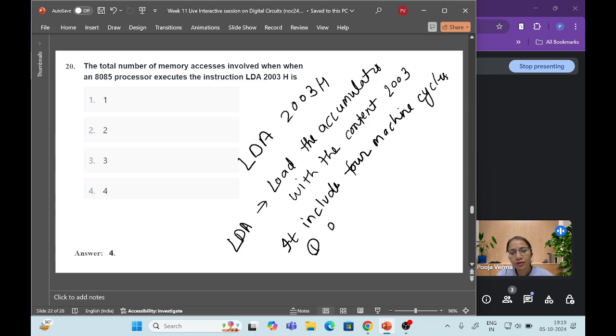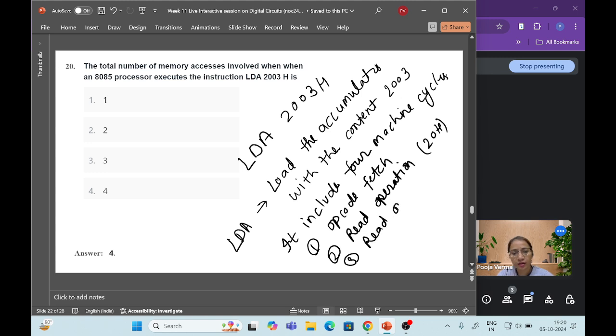First one is opcode fetch. Second is a read operation, that means the lower address byte 03. The third is also a read operation, the higher byte 20. The fourth one is to read the content of 2003H.